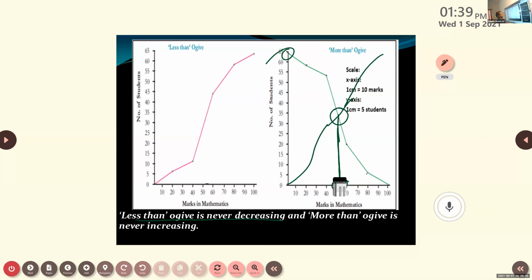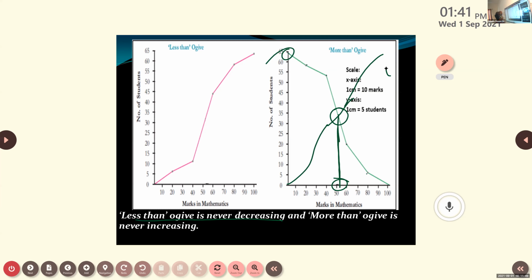Amal, do you know what is the first thing you have to take? Alan? Upper limit. Mark the upper limit where? On the x-axis.